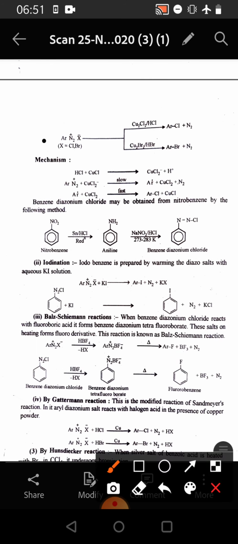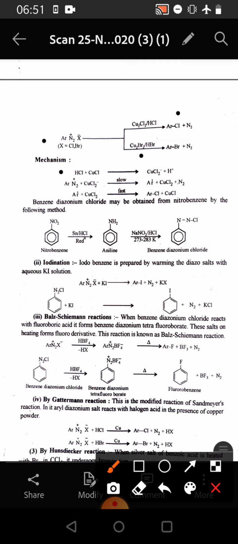So this aromatic diazonium salt reacts with Cu2Cl2 in the presence of HCl, giving rise to aryl halide, that is aryl chloride, and reacts in the presence of Cu2Br2 and HBr and forms ArBr.